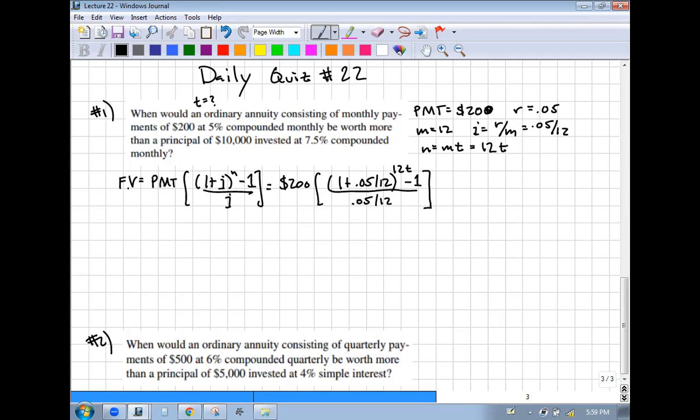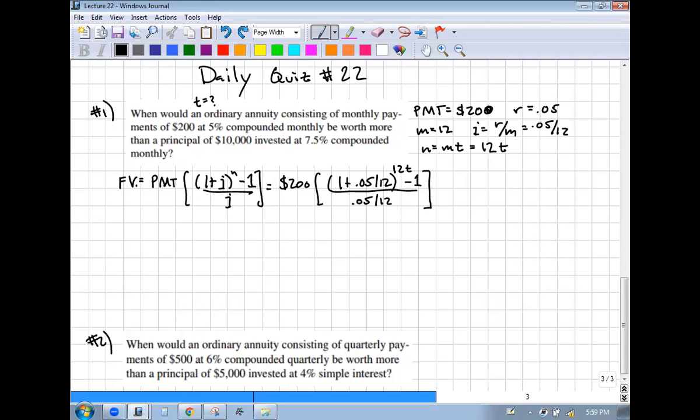Okay, so that's the future value for the first one. Now we're comparing that to the other one. When is this annuity's future value worth more than if we invested 10,000 at 7.5% compounded monthly?